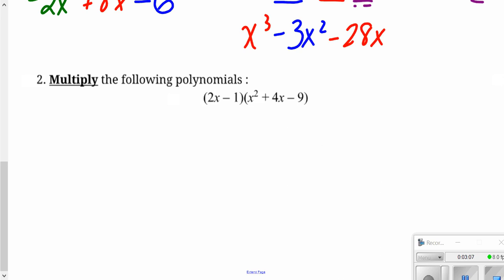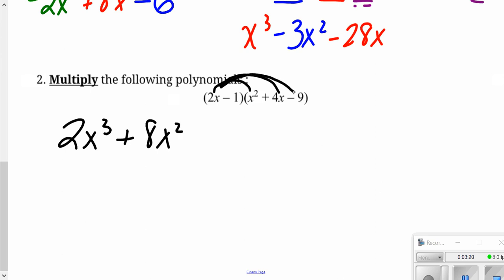So I am distributing the 2x to the other 3. So 2x times x squared is 2x to the third. 2x times 4x would be plus 8x squared. And 2x times -9 is -18x. I kind of like stacking my answers, my middle of the problem answers, I should say, my steps, so that I can combine like terms easier. You don't have to do this, it's just an idea.